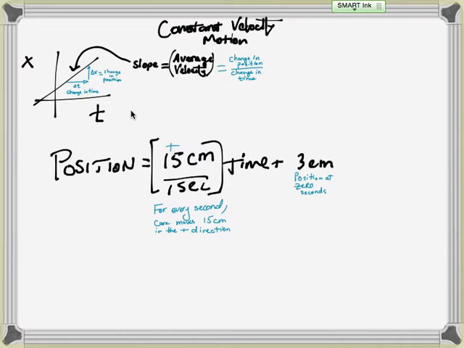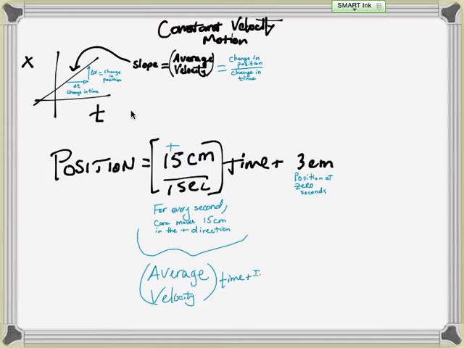So in physics, this quantity here is called average velocity. And of course, after that, we have time. At the end of our equation, we have the position at 0 seconds.